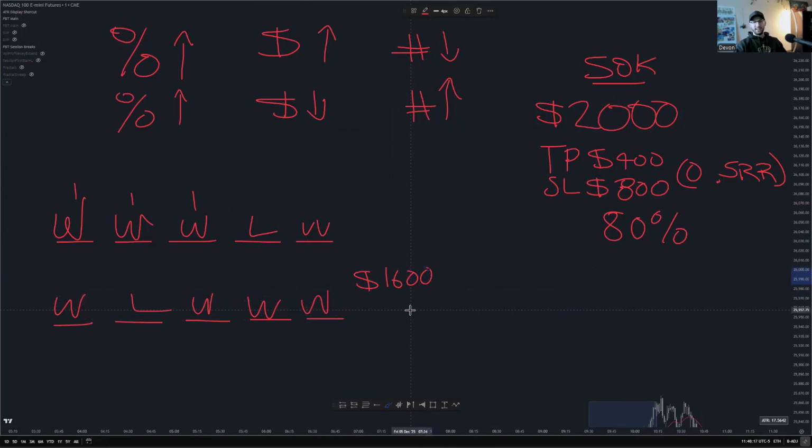So at a very base level, this strategy is profitable because you got 2 losses in here somewhere. If you have all the rest at $400 win, you have 4, 8, 12, 16, 20, 24, 28, 32. So you have $3,200 in wins and $1,600 in losses, which equals your 1,600. This is a profitable strategy.